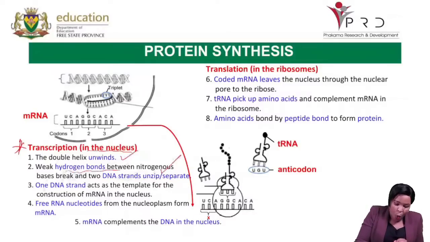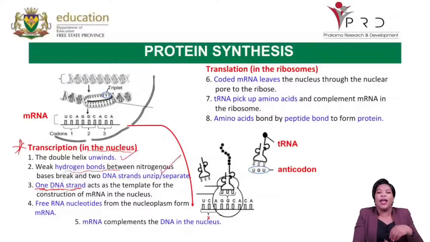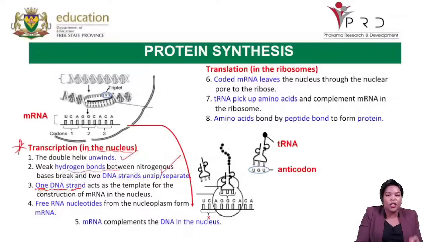Right. Then pay attention here. The difference between transcription and DNA replication is that here, not 2 original strands, only 1. 1 strand acts as a template for the construction of mRNA.